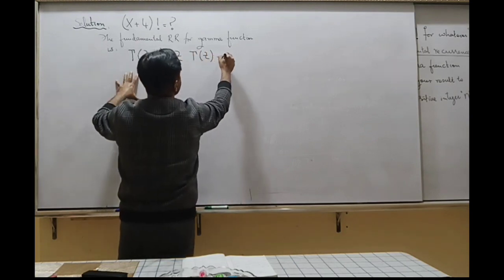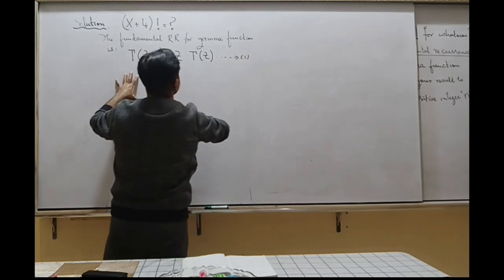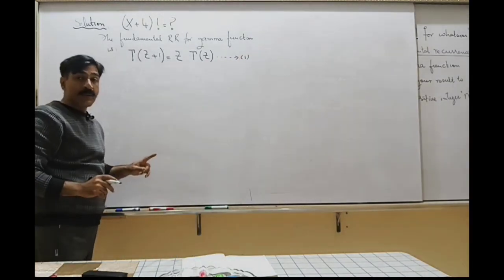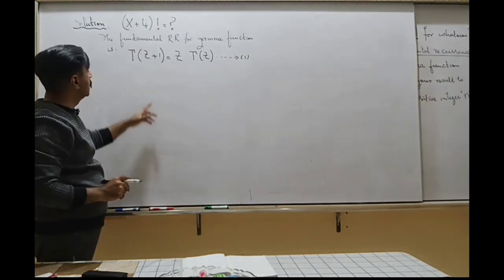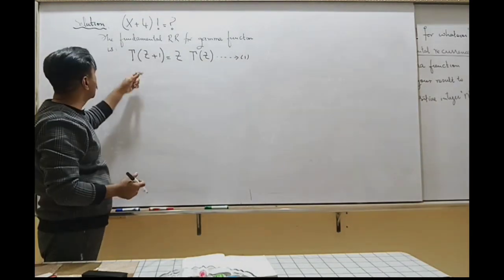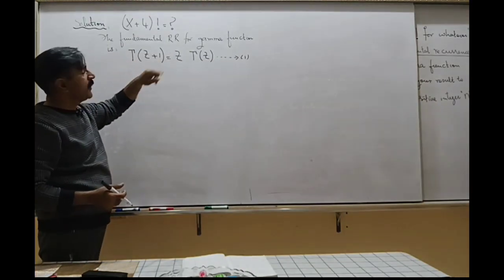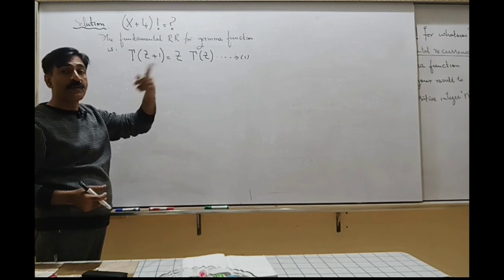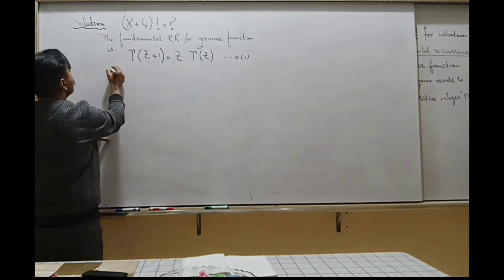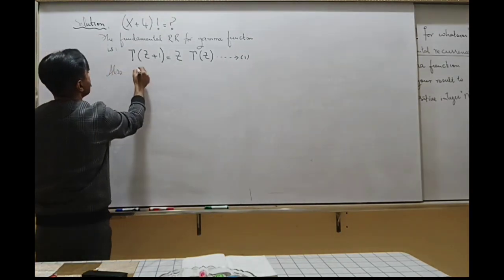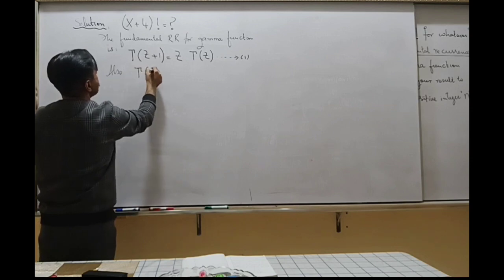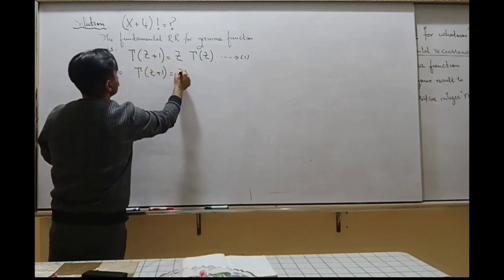You can name it as equation number 1. And also in lecture number 2, gamma z plus 1 has been proved to be equal to z factorial. So you should write that as gamma z plus 1 equals z factorial.